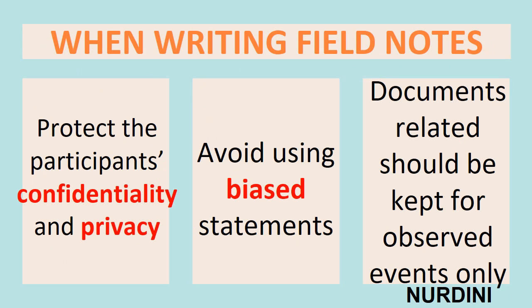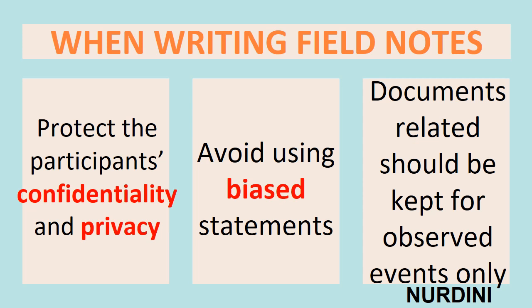The next one is what you need to consider when you are writing field notes. The first one is that it is important for you as a researcher to protect your participants' confidentiality and also privacy. You need to protect your participants' data at all costs.